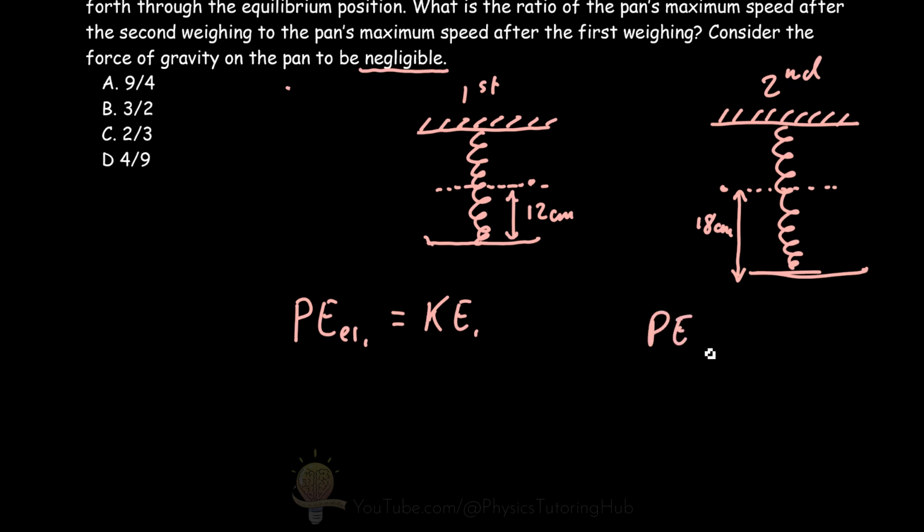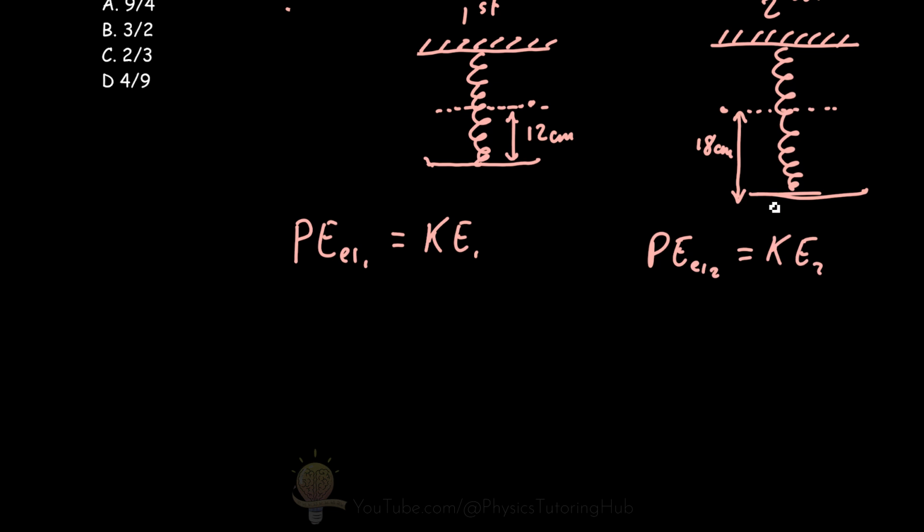The elastic potential energy for the second scenario in this spring will equal the kinetic energy as it moves past its equilibrium position. So the potential energy ratio here is going to equal the kinetic energy ratio.